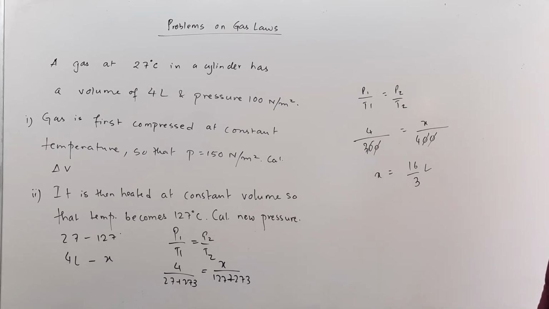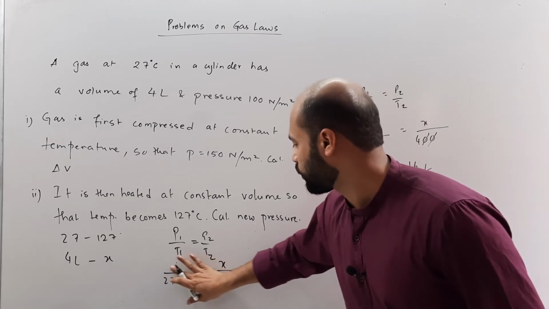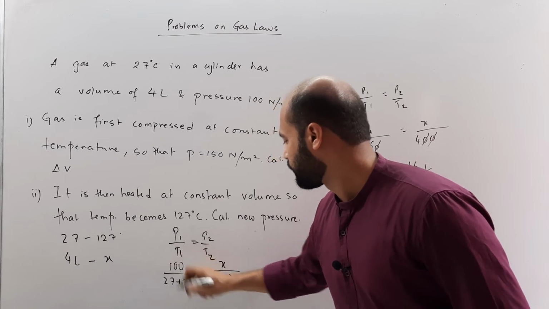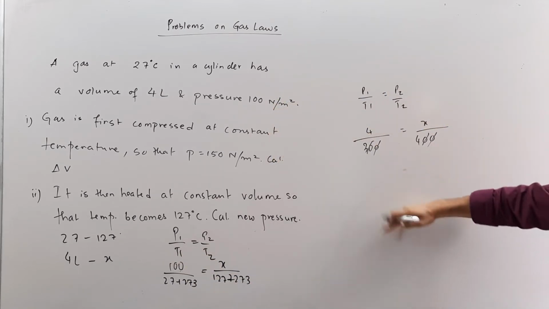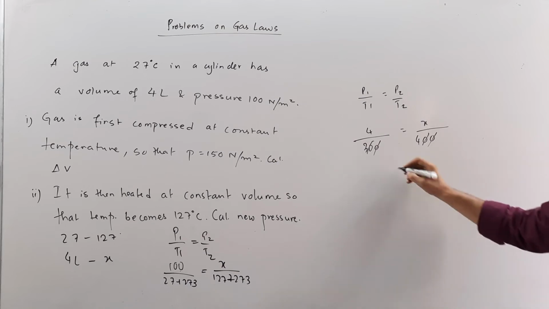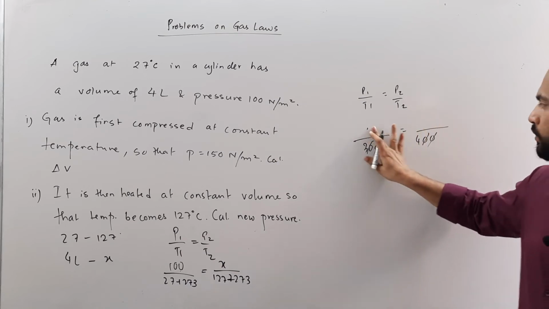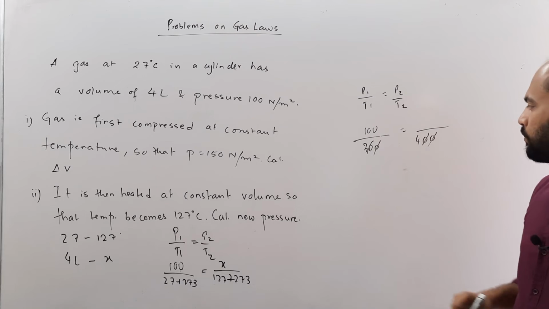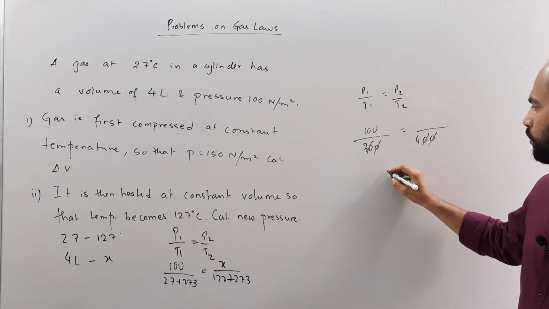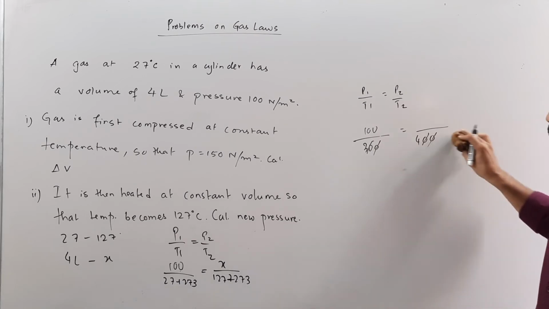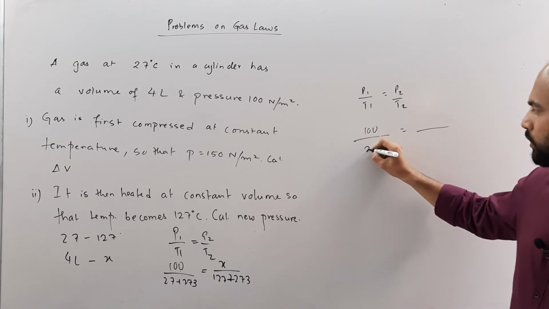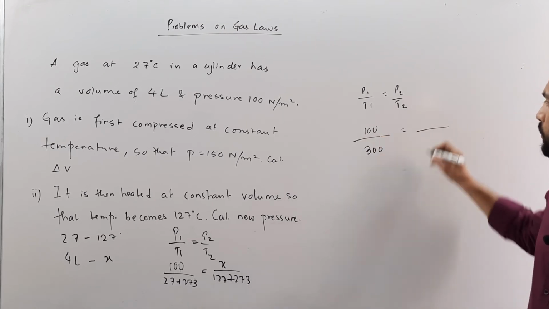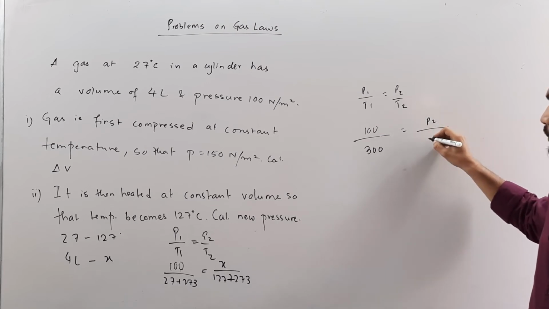So pressure 1 was at 100. I'm really sorry. This is 100. So here the temperature 1 that we have is 300 and the pressure 2 is what we have to calculate.